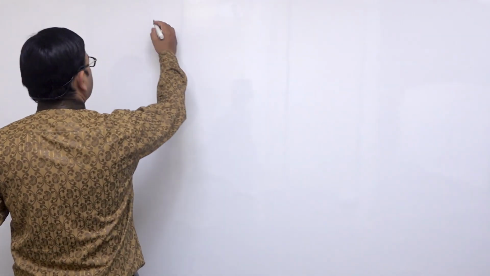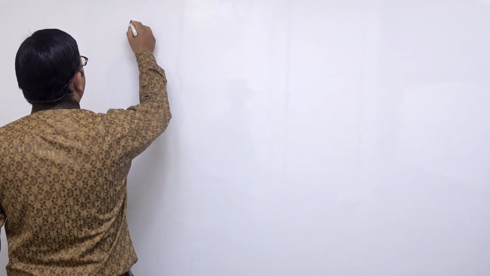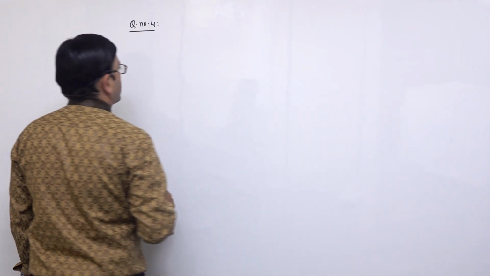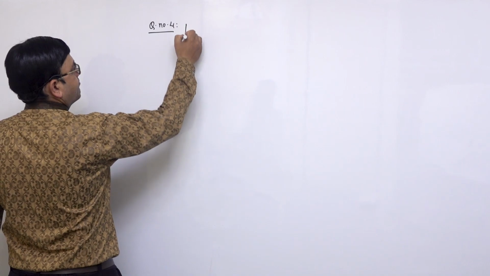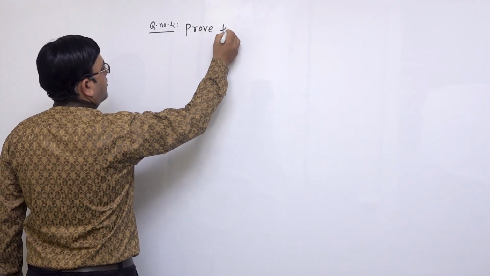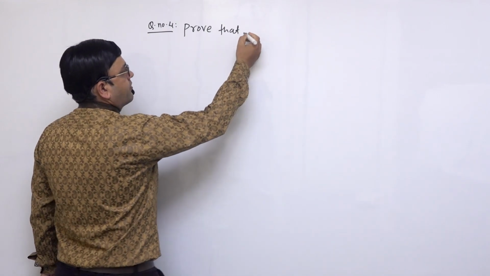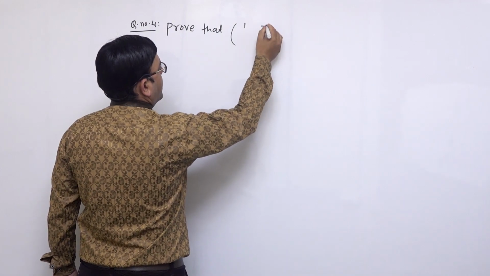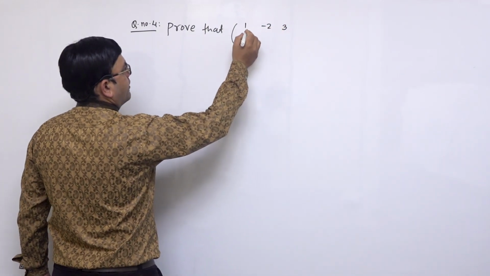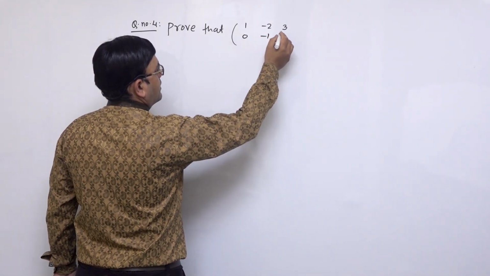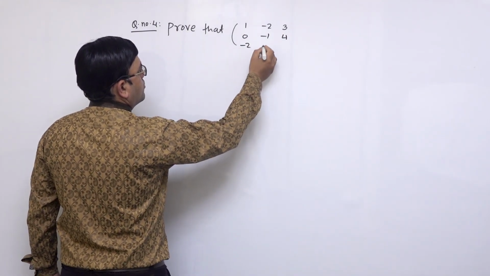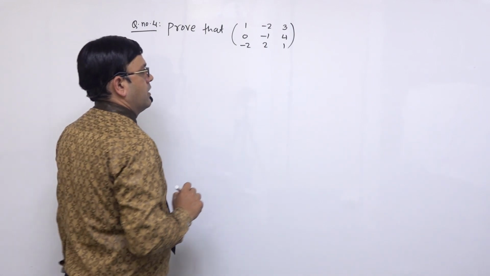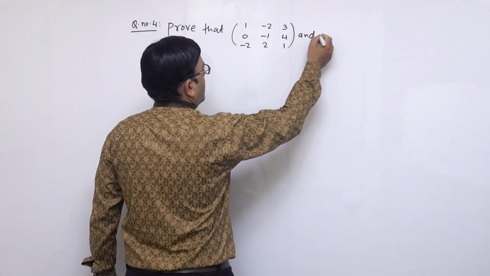Now let's start another question, that is a different type of question again. Question number 4. Prove that, let's take one matrix. Suppose [1 -2 3; 0 -1 4; -2 2 1]. This is one matrix, and let's take another matrix.